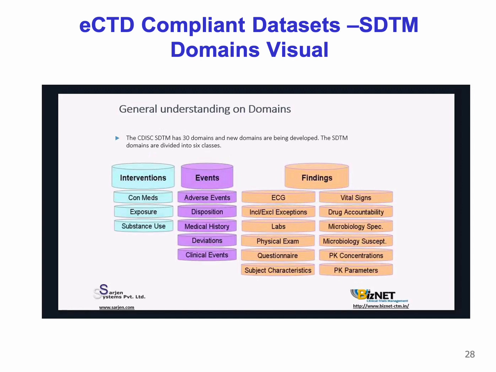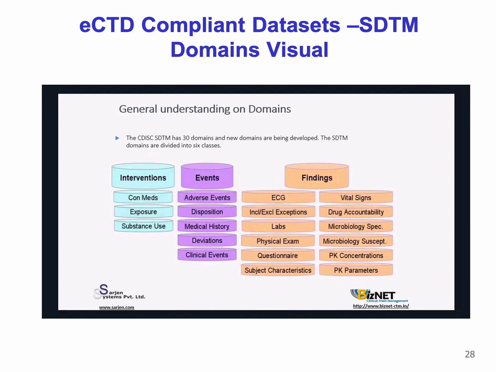Now here, if you would like to see how this is done, the structure, you can see the general understanding on the domains. So the CDISC SDTM has 30 domains and new domains are being developed. So the SDTM domains are delivered into 6 classes.